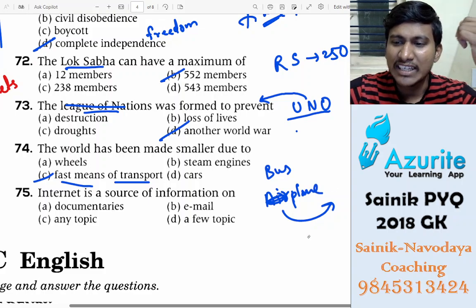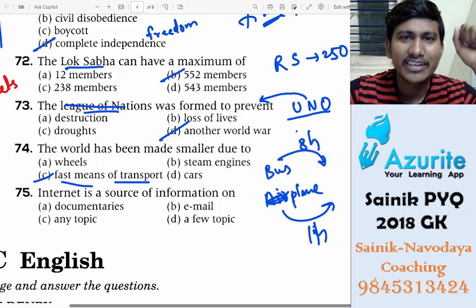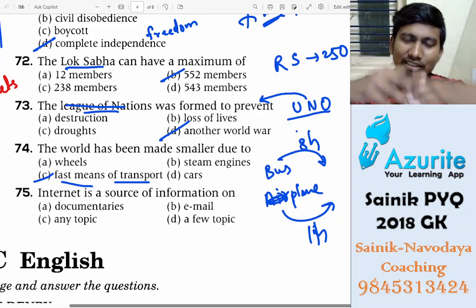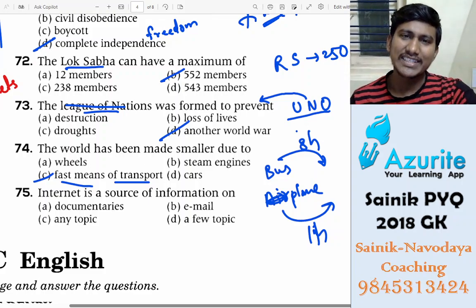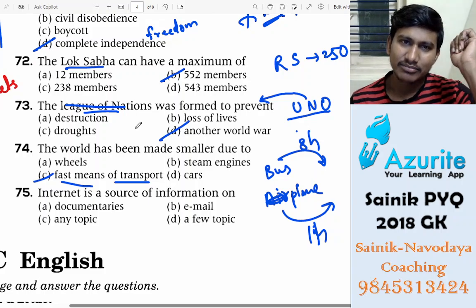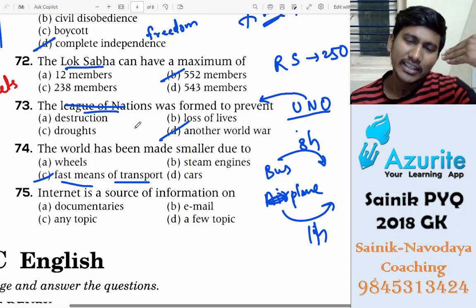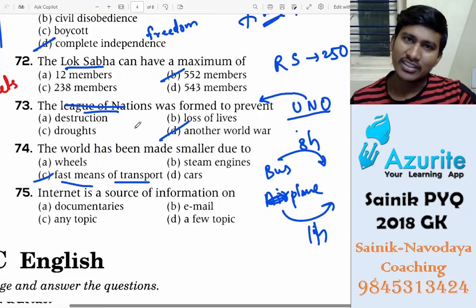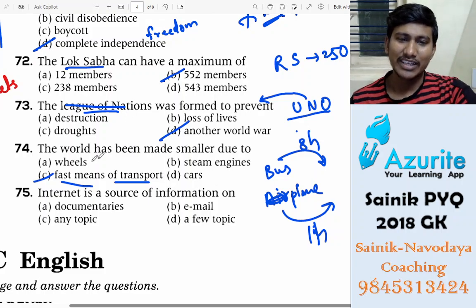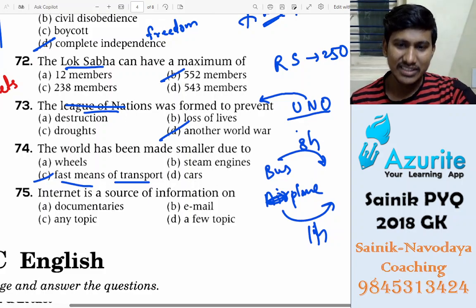Aeroplane will take only 1 hour. Bus will take how much? It will take more than 8 hours, right? So that is why you are connecting. We can go easily. We can reach any other place. So what we will do? If aeroplane, you will stay in other city and come back to work and then go back, right? Like that. So that is why fast means of transport, option C is the answer. That is made smaller. Okay.